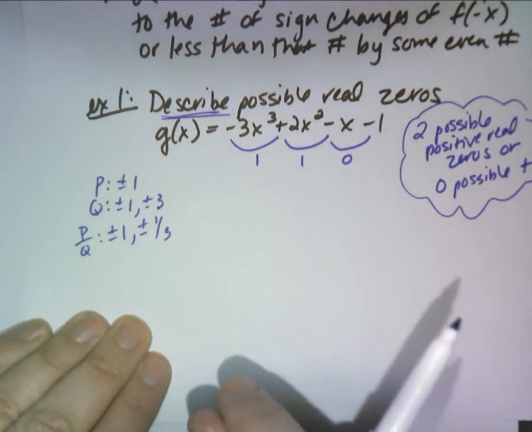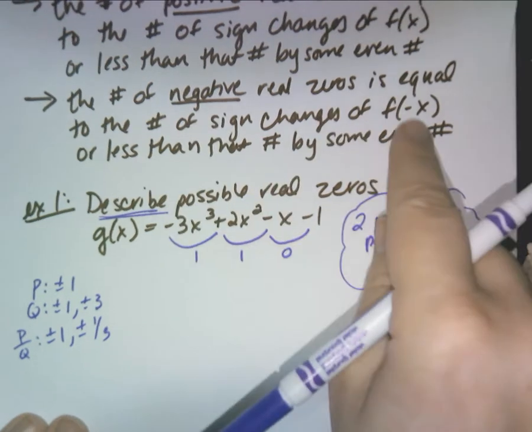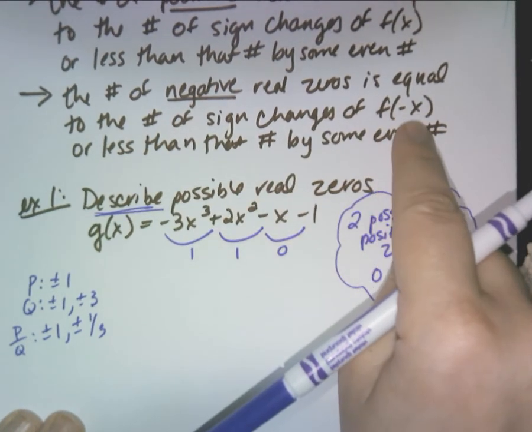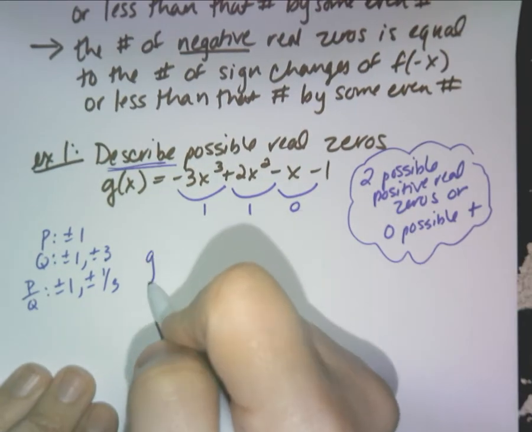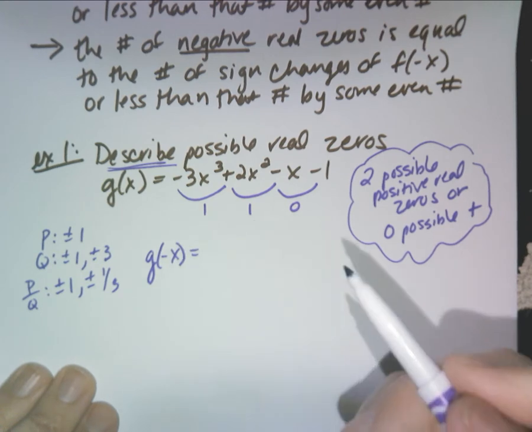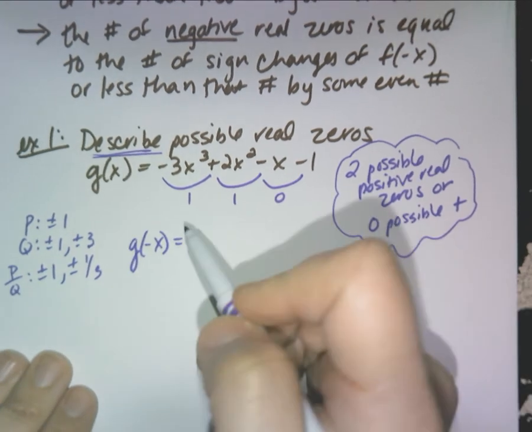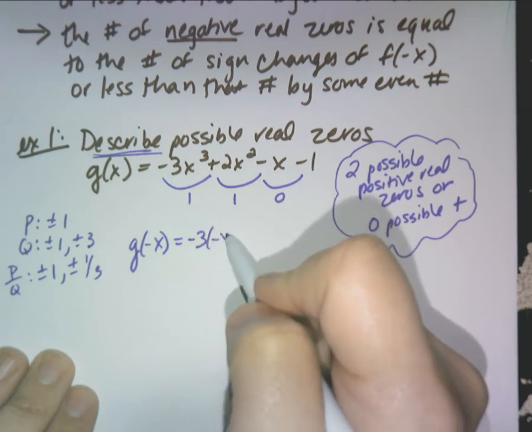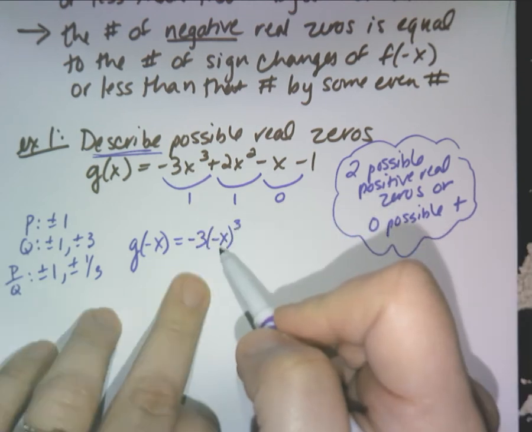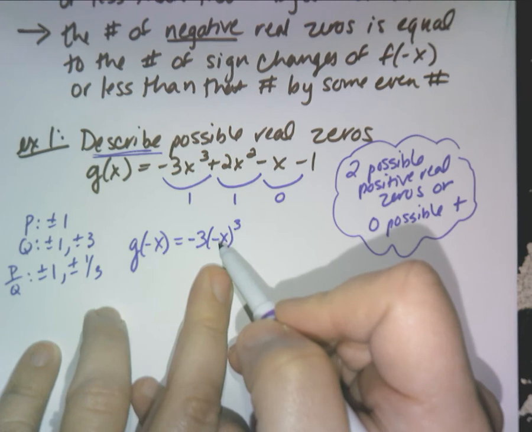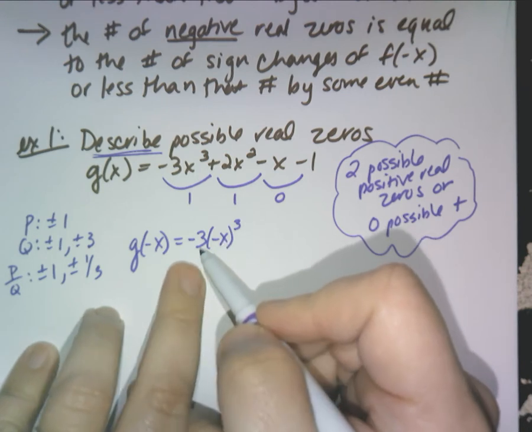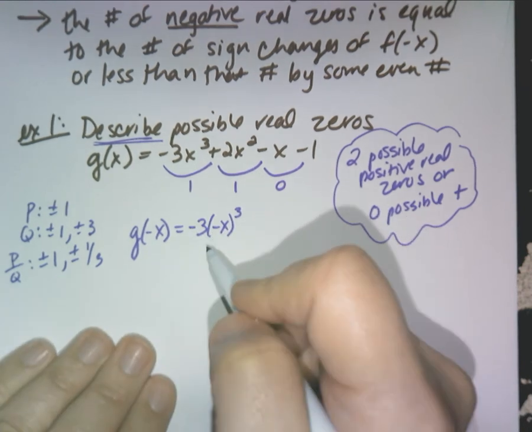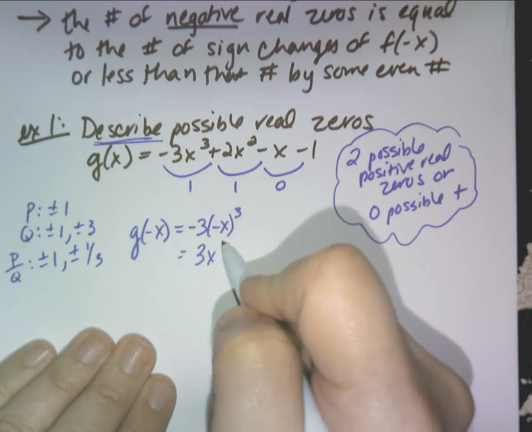What about the negative? Now in order to find the negative, you have to plug in negative x. So you actually find out what g of negative x would be. Just to start us off, we'd have negative 3 times negative x to the 3rd power. What is negative x to the 3rd power? Still negative, times negative 3, though, would be what? Positive 3x cubed.